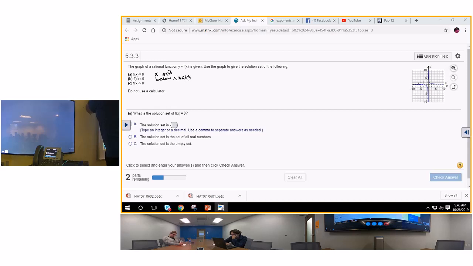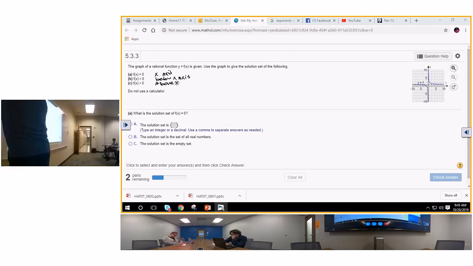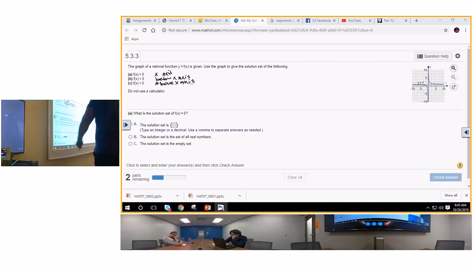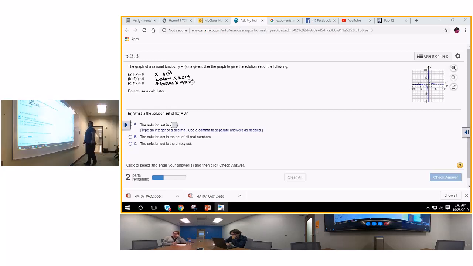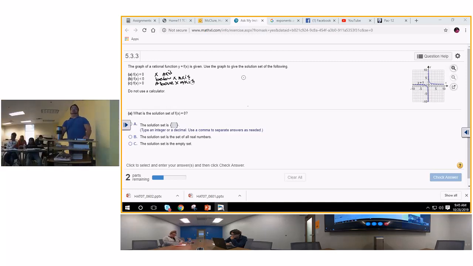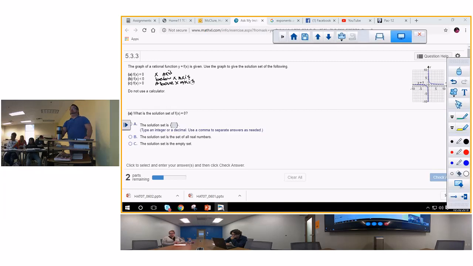And what's happening above the x-axis. So, at the x-axis, we're crossing at what number? -1. So, that's your answer. -1. So you'd say x is equal to -1.